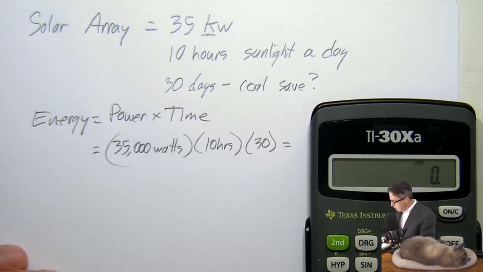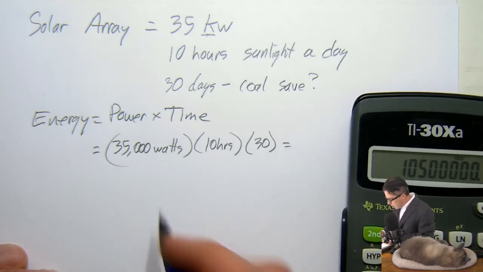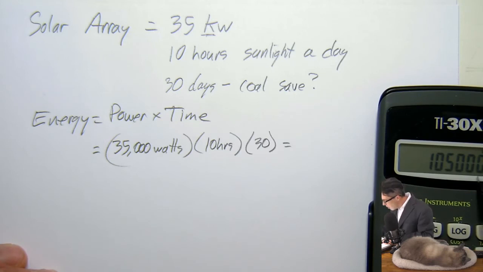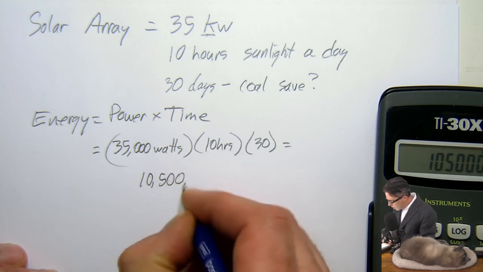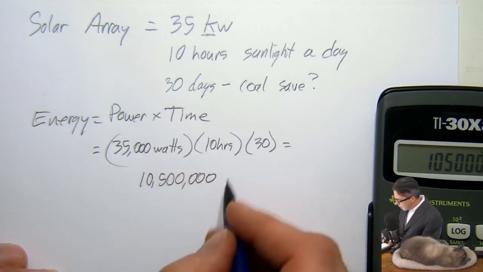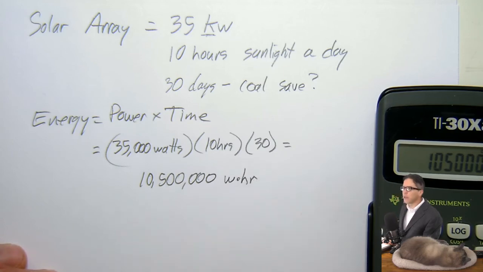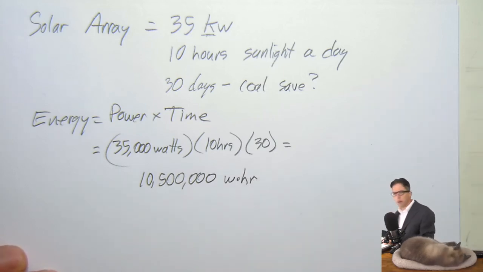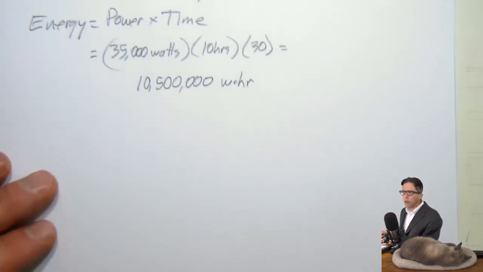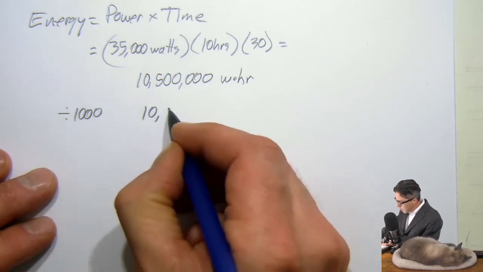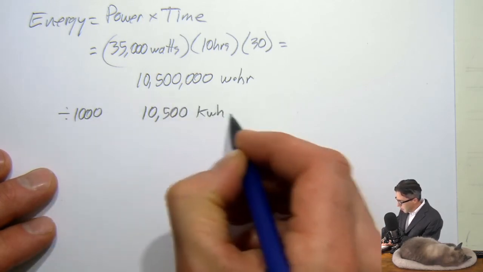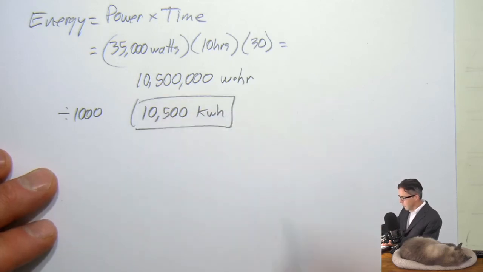I have 35,000 times 10 times 30, so I get 10,500,000 watt hours generated in a month. Now I'm going to divide by 1,000 to turn it into kilowatt hours, which gives me 10,500 kilowatt hours, kWh, in a month.